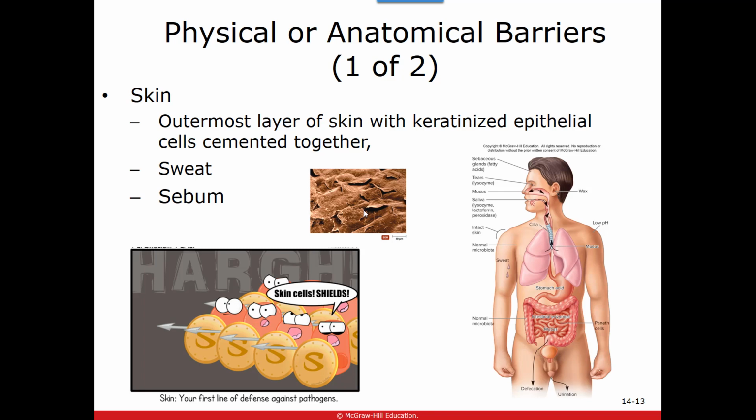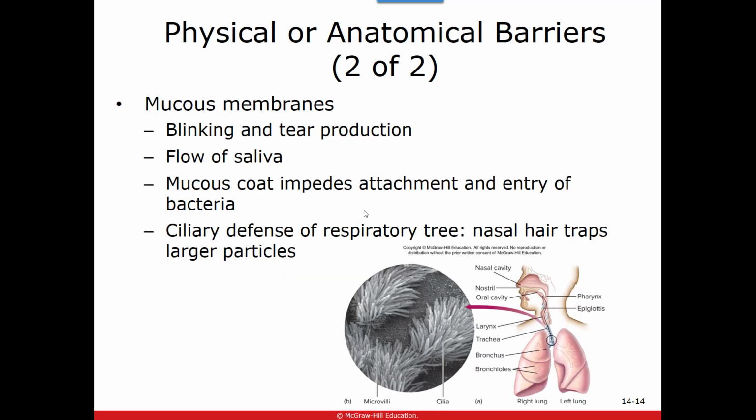Now, the mucous membrane is also part of that first line physical barrier. Your mucous membrane lines any surfaces that are exposed to the outside, so your respiratory tract, digestive tract. And they produce fluids. Blinking and tear production can decrease microbes from getting in your eyes. Saliva can decrease microbes from growing and getting in the body.